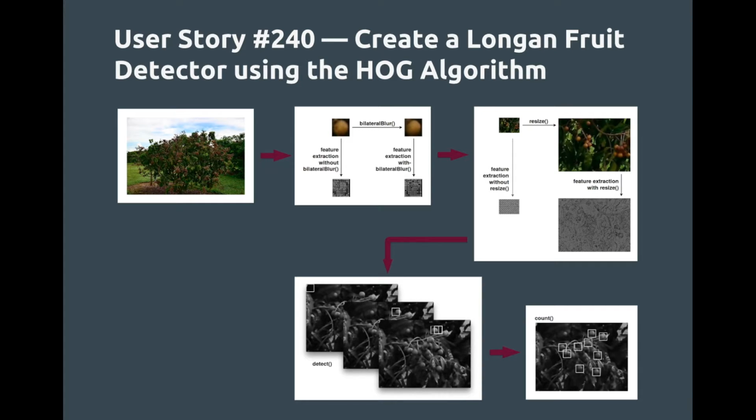And at the end of the process, you get the bottom right image where we have positive classifications in the bounding boxes that are white, and then of course the negative classifications which are not represented at all.